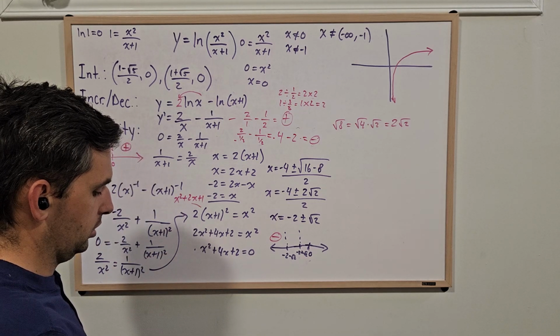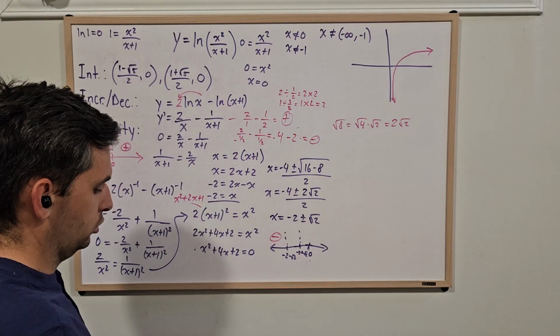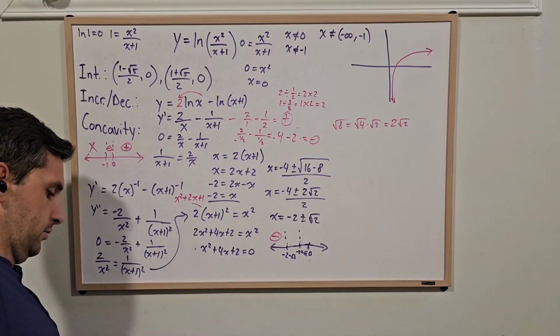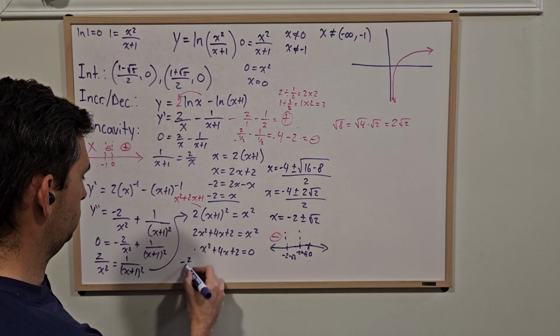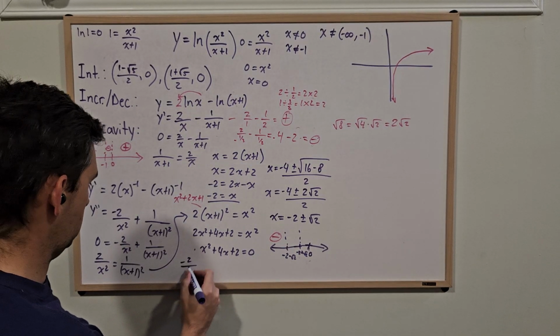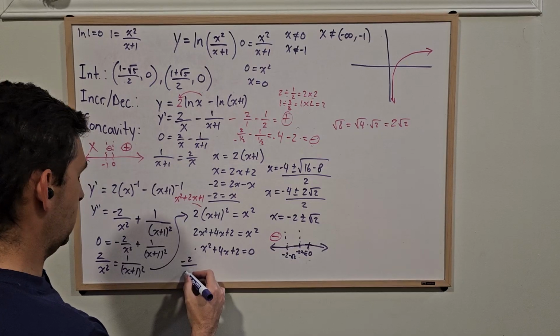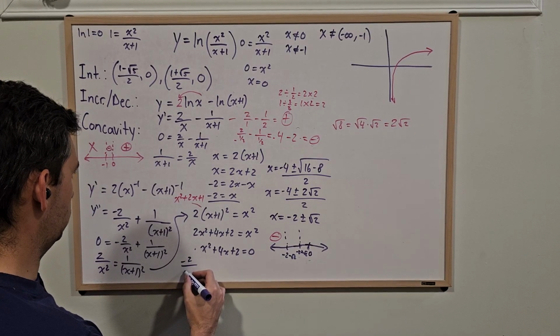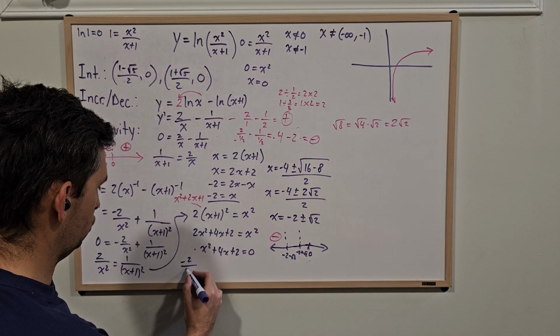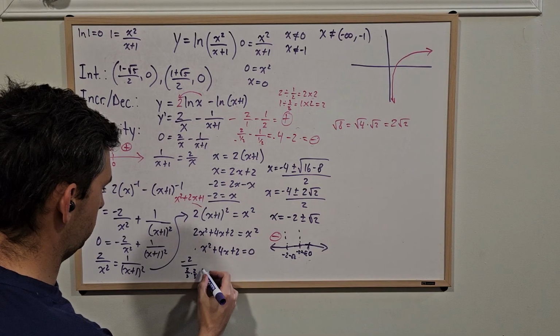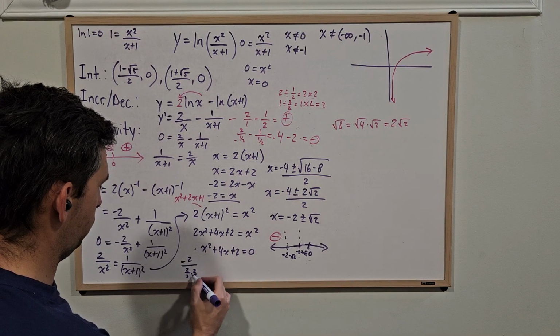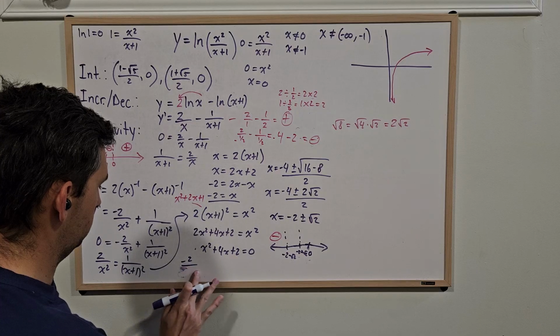So you can plug in negative 2 over 3, okay? So we'll go negative 2, divided by negative 2 over 3 squared. Well, 2 over 3 squared is going to be 2 over 3 multiplied by 2 over 3, and that's just going to be 4 over 9, okay?